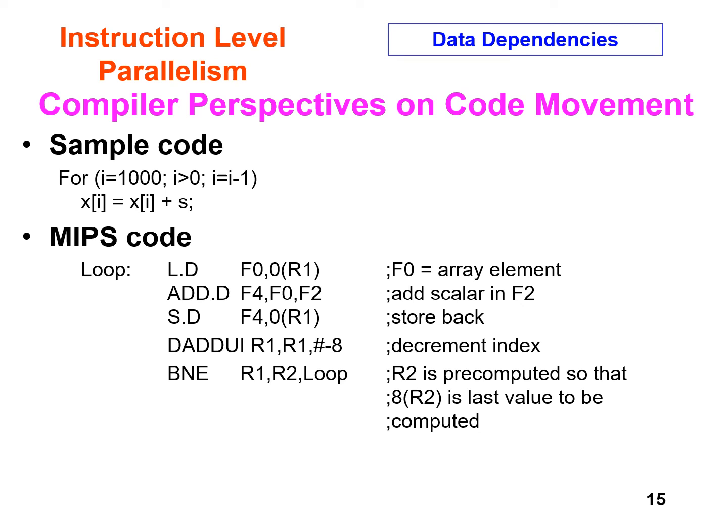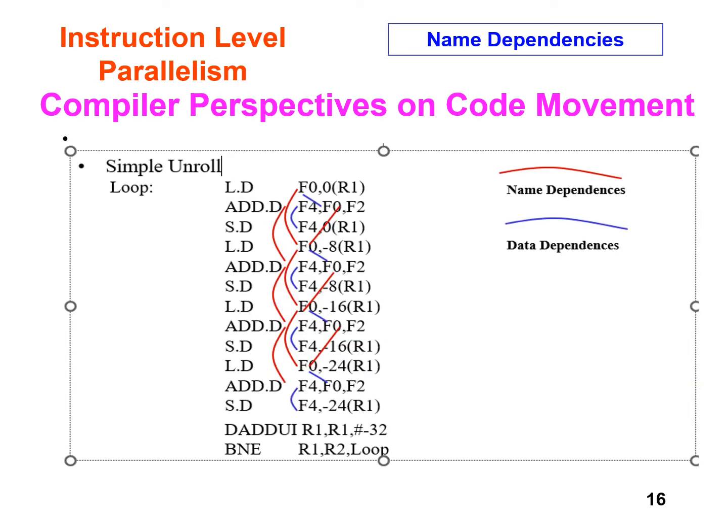So this is also the same sample code. Look here. After unrolling the loop, we have such dependencies. The red color indicates name dependency. The blue color line depicts the data dependency.